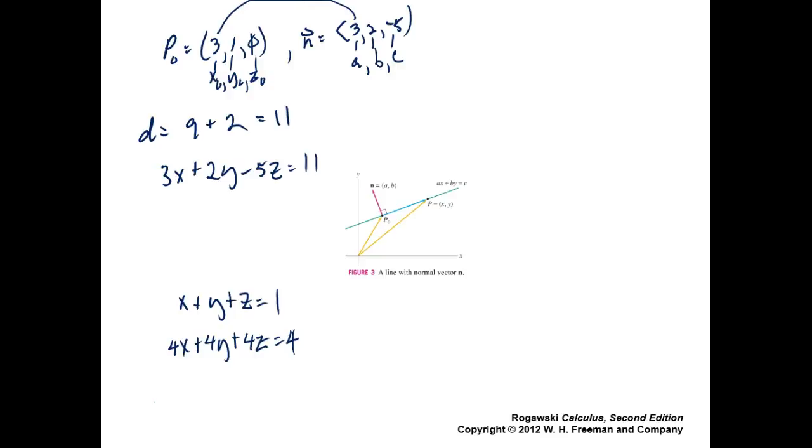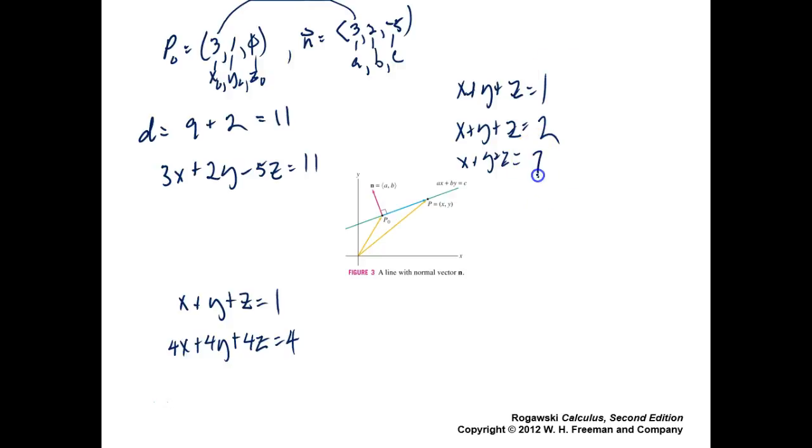On the other hand, two planes P and P prime are parallel if they have a common normal vector. And here are examples of this. x plus y plus z is equal to 1. x plus y plus z is equal to 2. x plus y plus z is equal to 7.